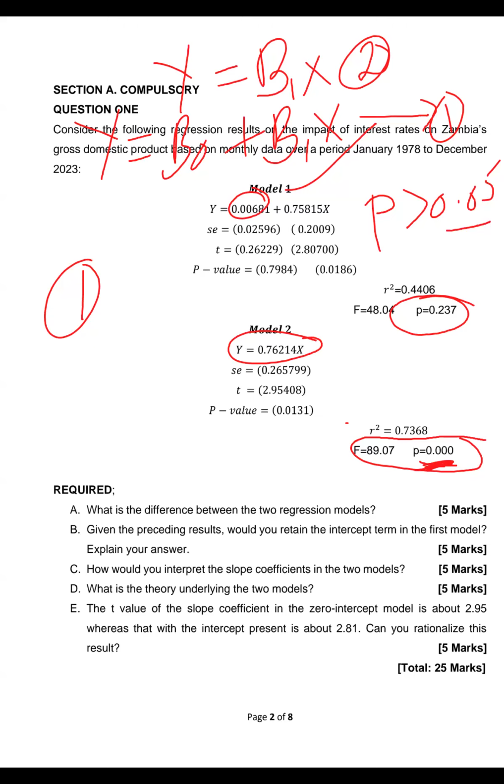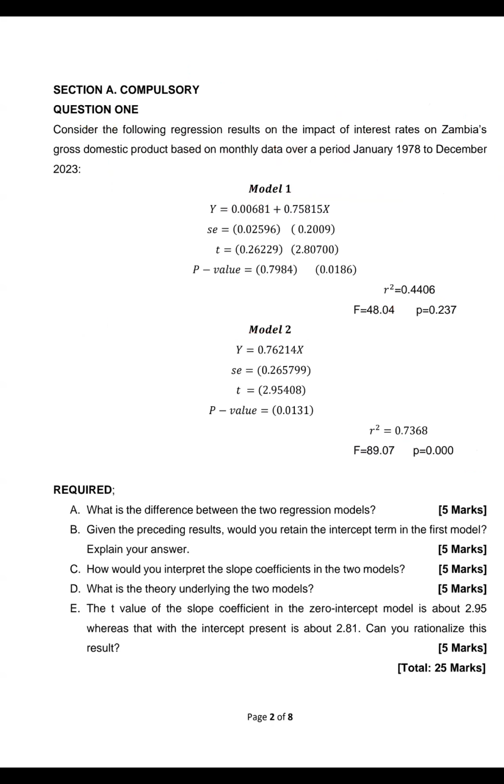Another difference that you can mention is in terms of the coefficient of determination, right? The R squared. Remember, the R squared is the coefficient of determination. It measures the proportion of the variations in the dependent variable explained by the model. I sound as if I speak very fast.